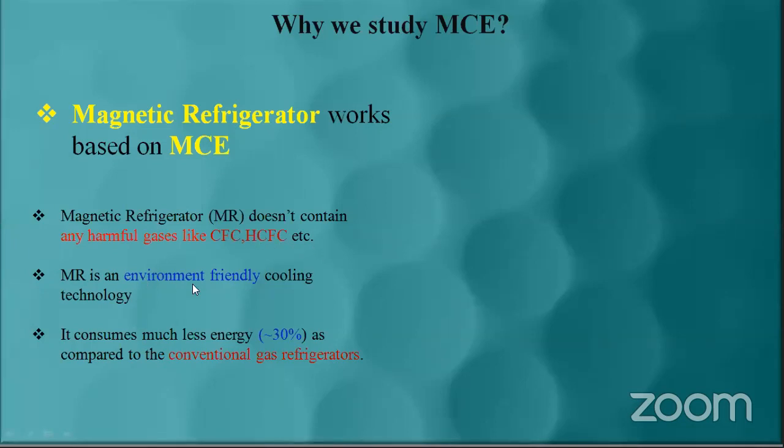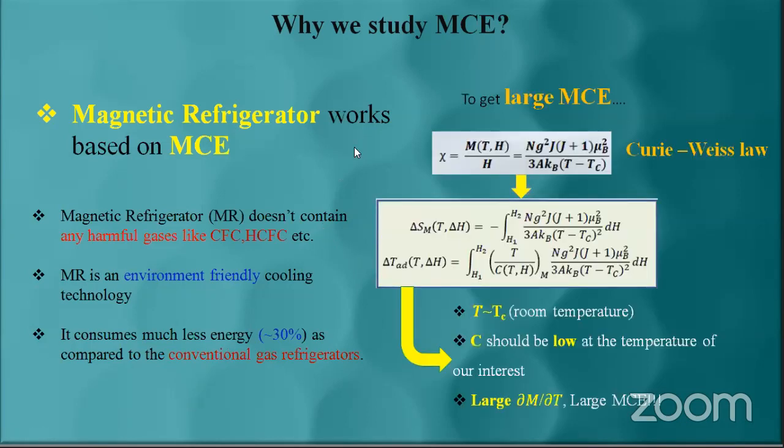It is an environment friendly, highly efficient cooling technology. Another interesting point, it is energetically 30% more efficient than the vapor compression refrigerator. Therefore, from the application point of view, it is necessary to find such materials with large MCE in a wide temperature range for application purposes.